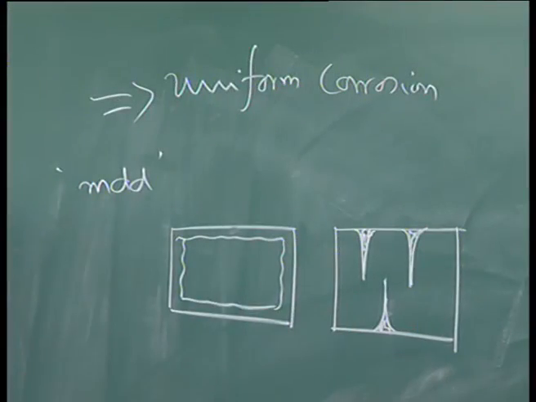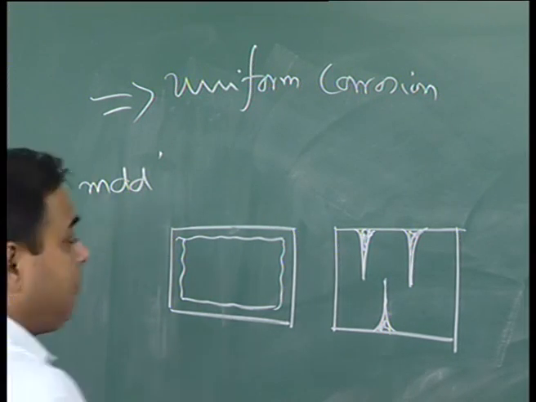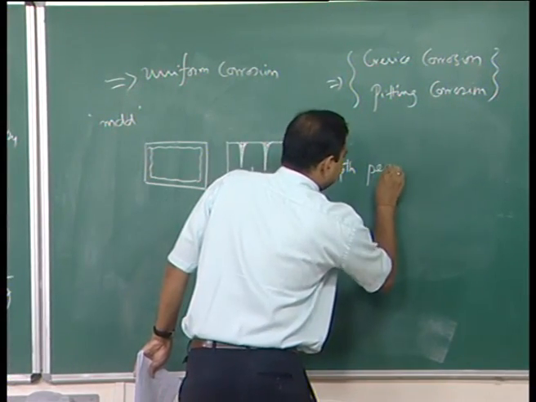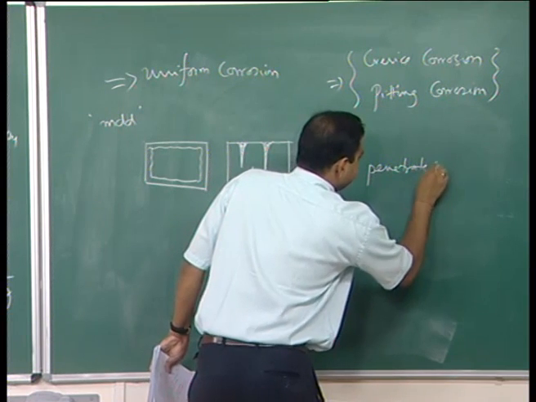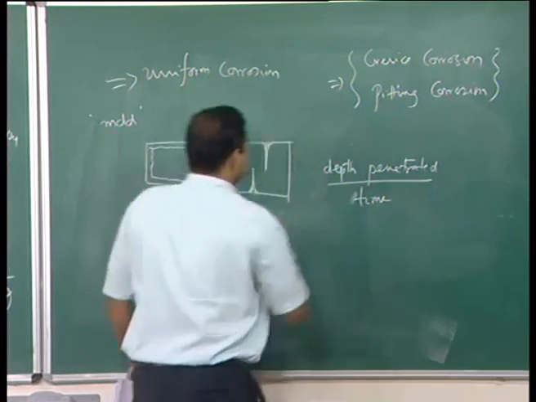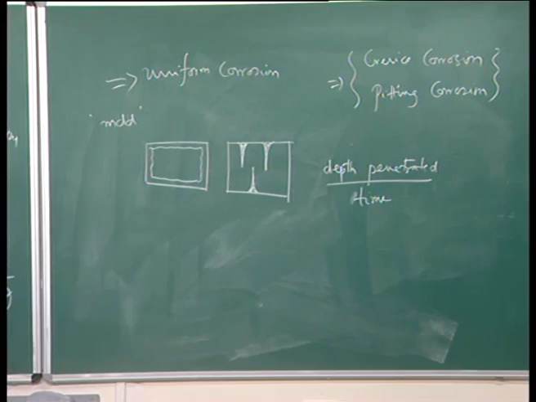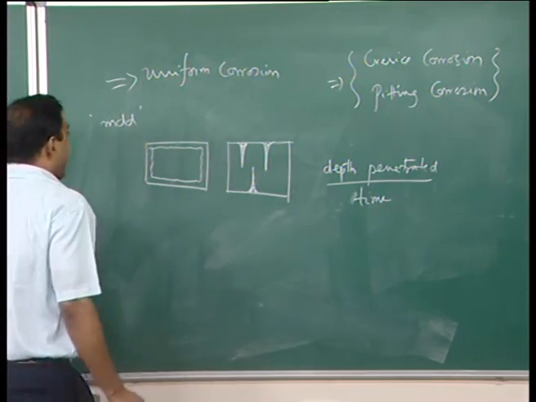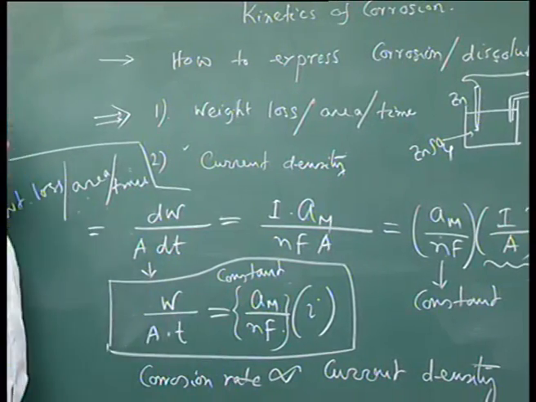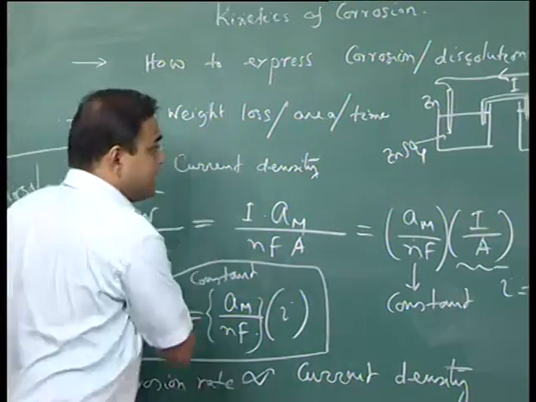Here we need to measure the corrosion rate in the form of depth penetrated divided by time, since overall cross sections are not coming into the picture. So how would we convert this same relation into the form of depth penetrated per unit time? Now, let me write.